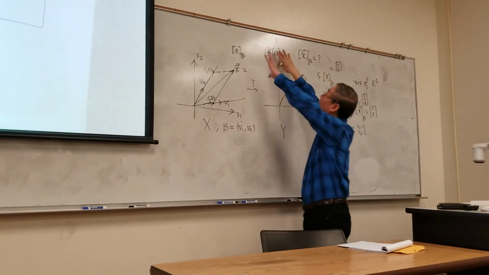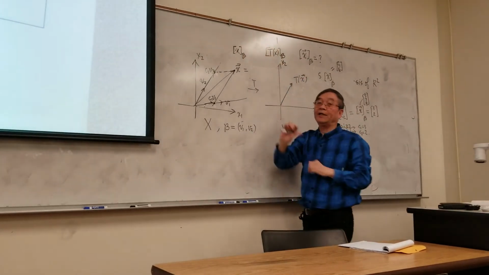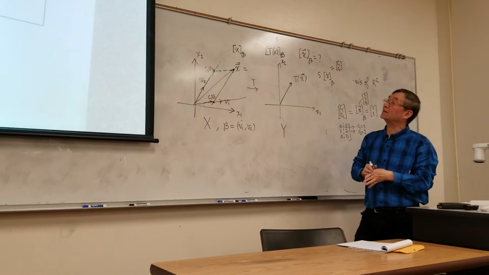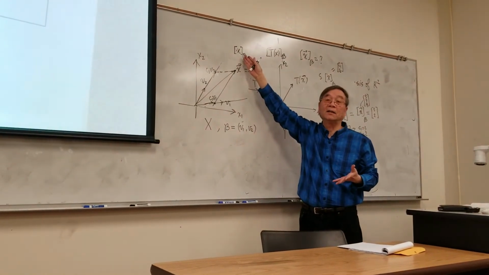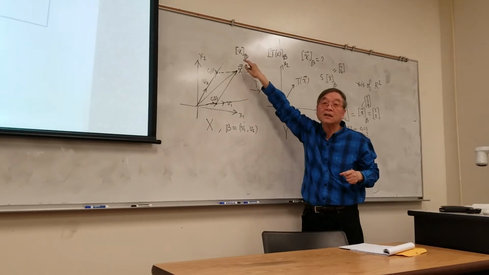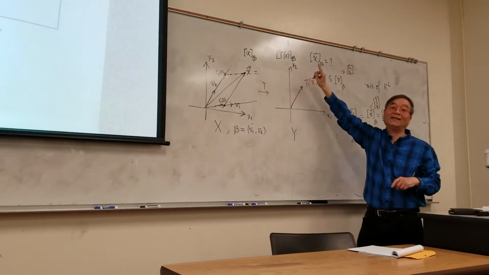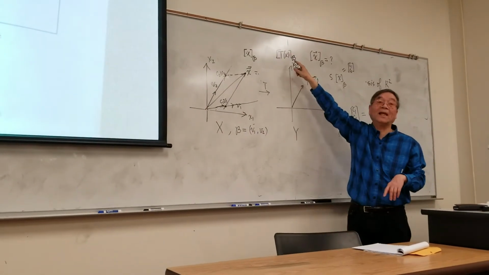So that's the two players. Before we just say you give me a vector, we talk about its coordinate vector. But now this x is mapped by T to something called Tx, right?